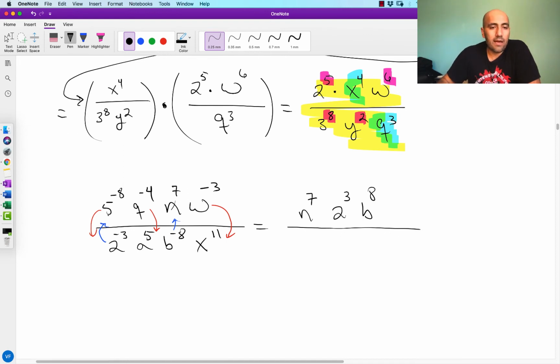Okay, and now in the denominator, I'll end up with 5 to the positive 8th power, q to the positive 4th power, w to the positive 3rd power, and then this moved up to the numerator. There's an a to the power of 5, b to the power of 8 that moved up there, and then there's an x to the power of 11.